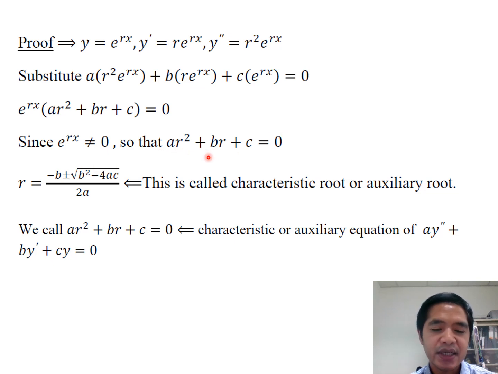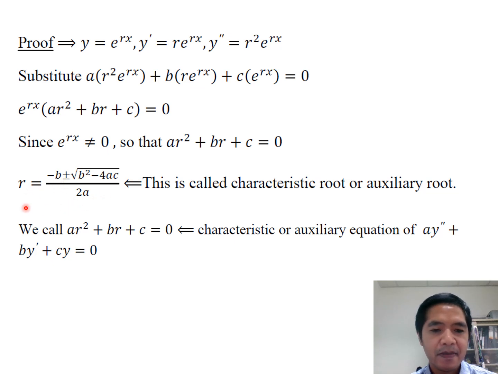To get r, we have to use this formula. We call this the characteristic root or auxiliary root formula. We know this from before. The answer is r equal to minus b plus or minus the square root of b squared minus 4ac, all over 2a.